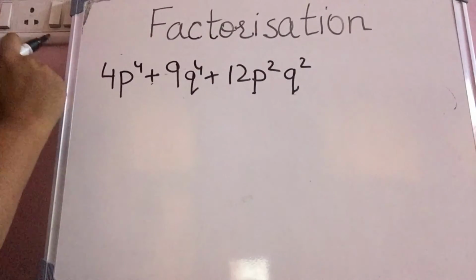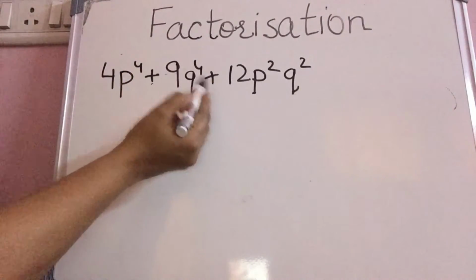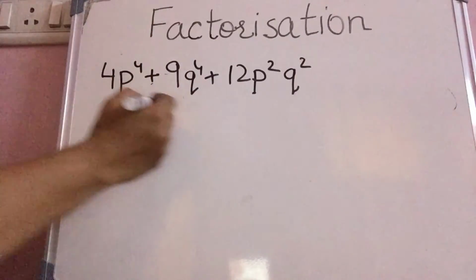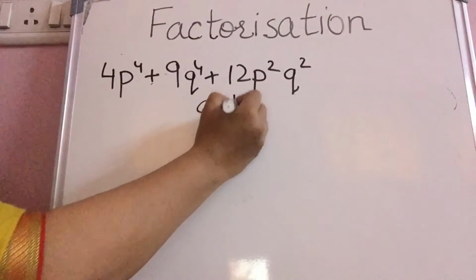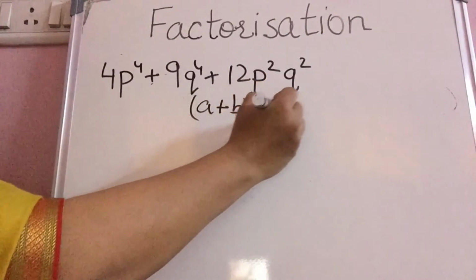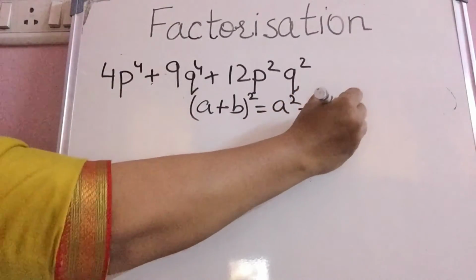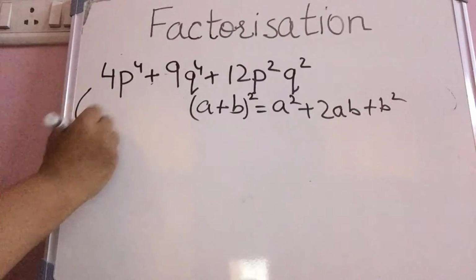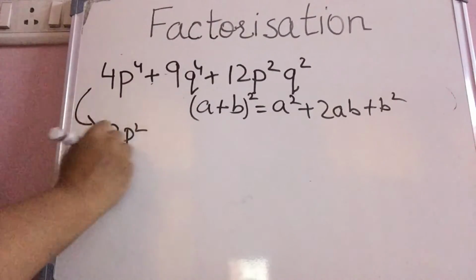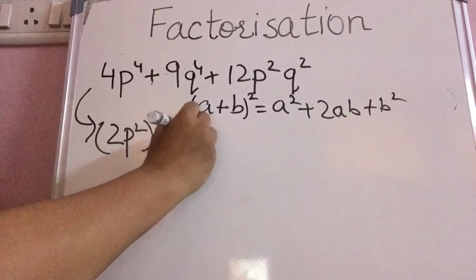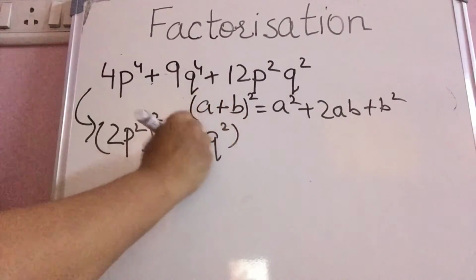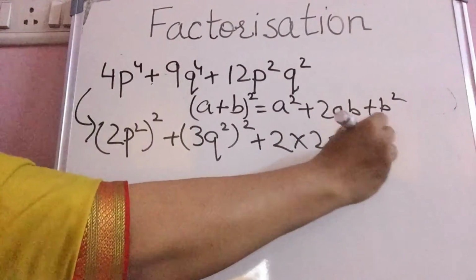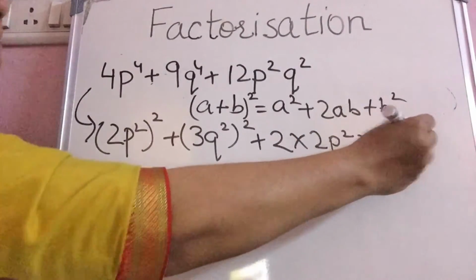Now if we have this question, in this question both the signs are positive. So we will be using the first identity, which is (a plus b) whole square is equal to a square plus 2ab plus b square. We can write this question as (2p square) whole square plus (3q square) whole square plus 2 into 2p square into 3q square.